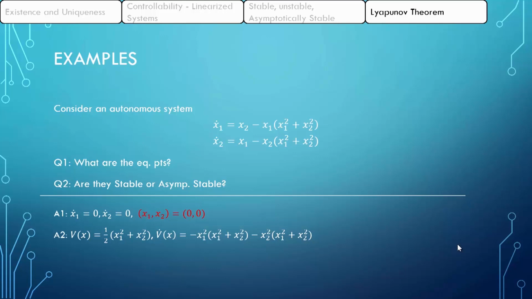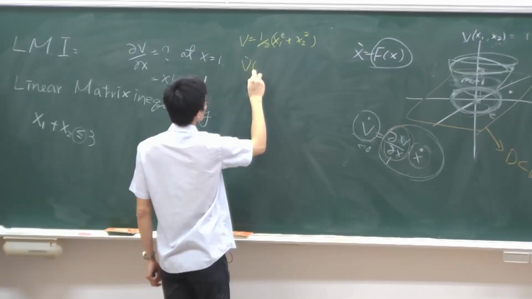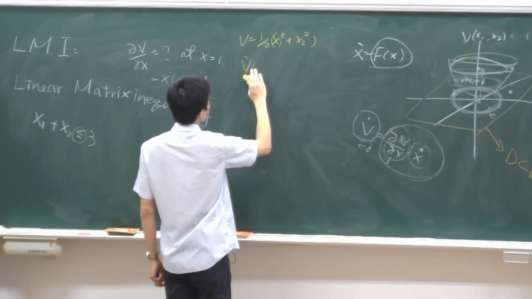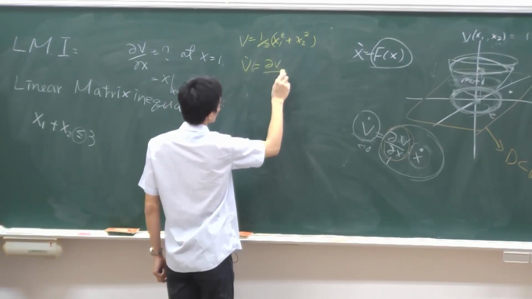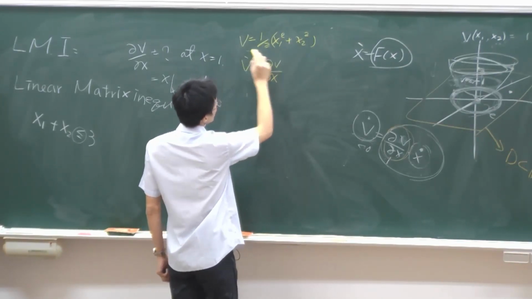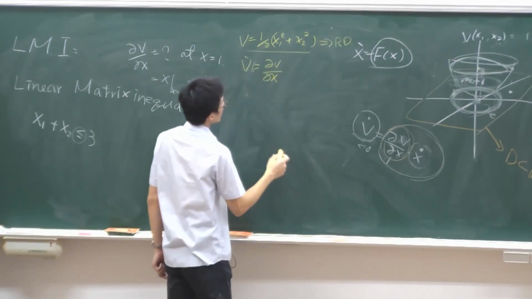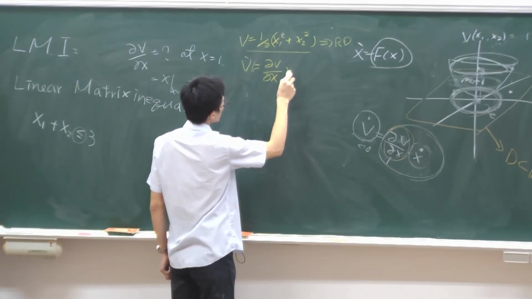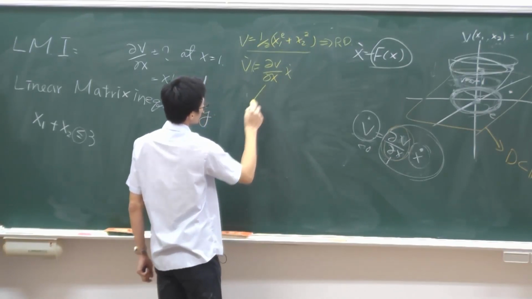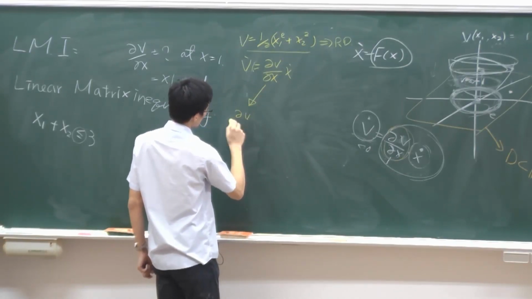So the first step is you take the gradient of V. This is PD, positive definite, right? And x dot. So what is the gradient of V?